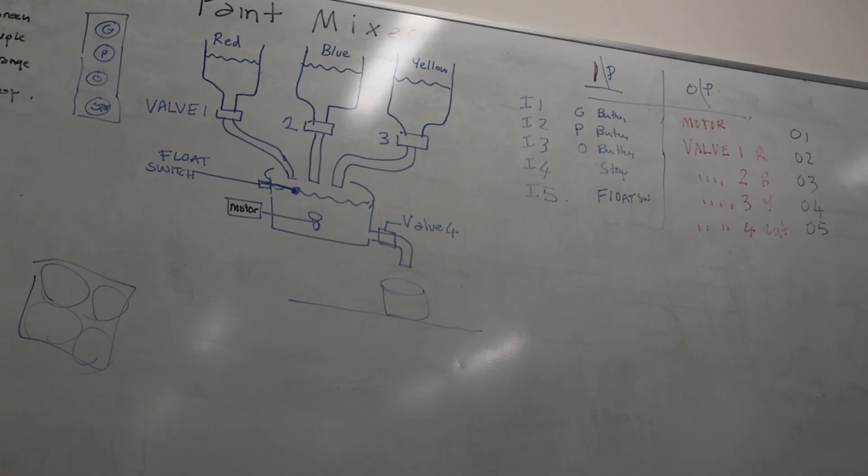The blue one's the output. So you're going to put the green on, and then you're going to turn on the yellow valve. So grab that. Yellow, blue, red, blue and green. There's blue, there's yellow.